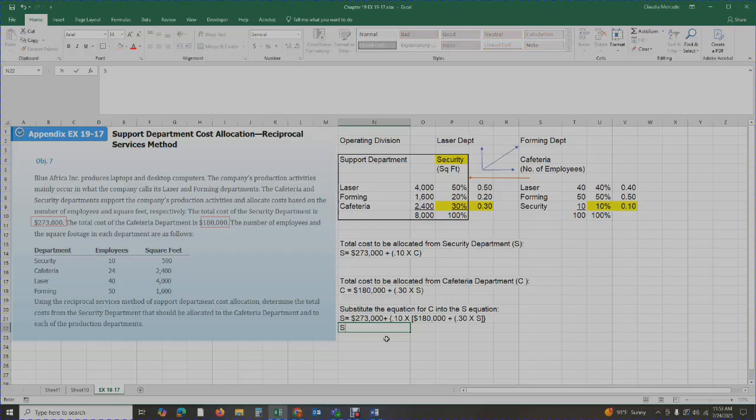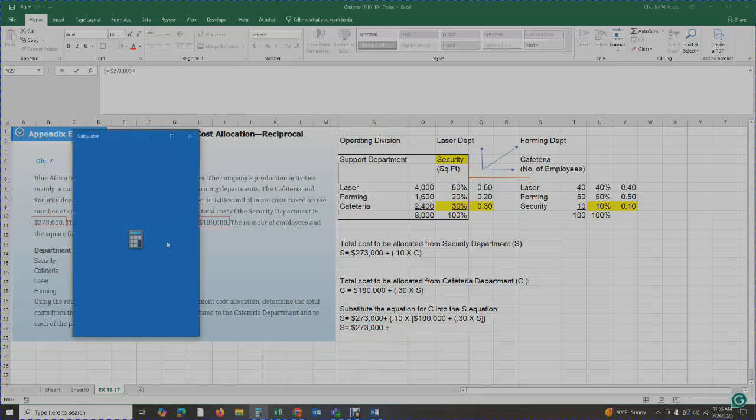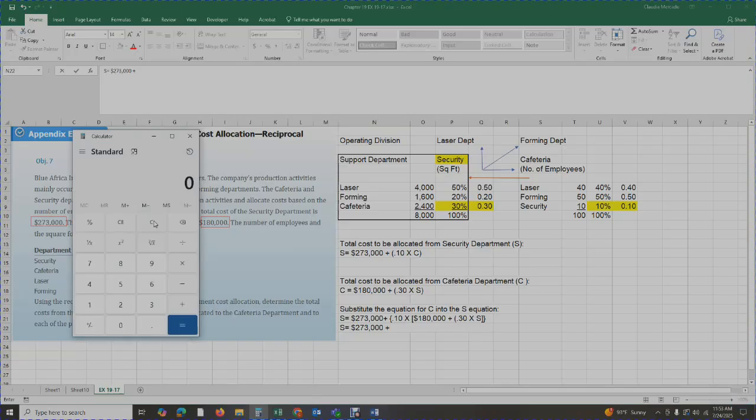So now we're going to do S equals 273. Well, we're going to be simplifying, guys. We're just simplifying the equation. Yes, it's plus. So let's get our calculators. 0.10 times 180,000 gives me 18,000.